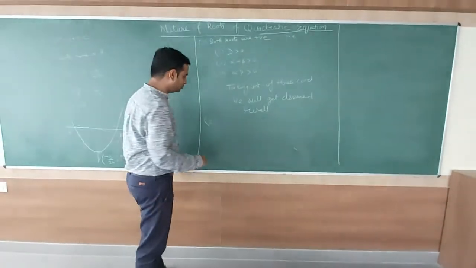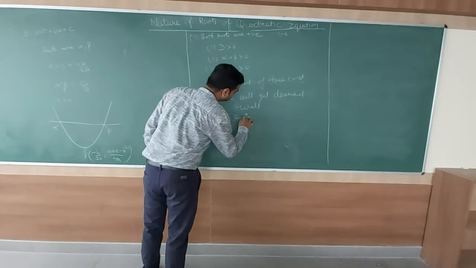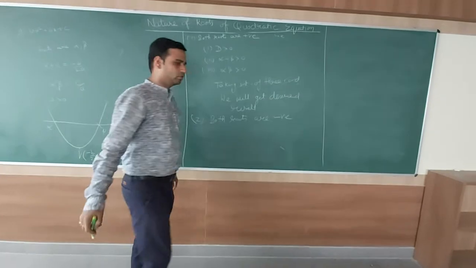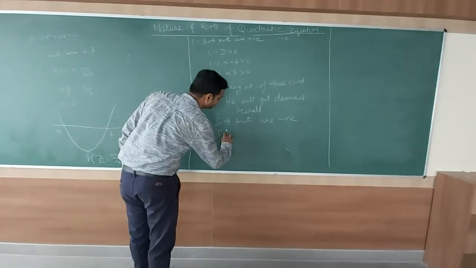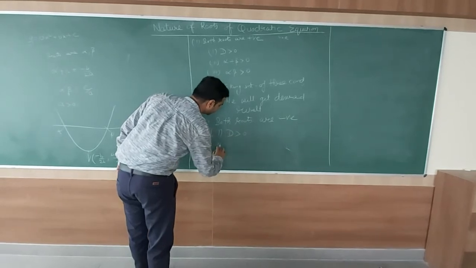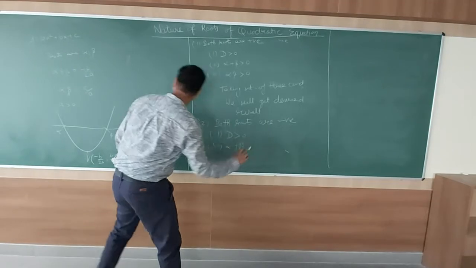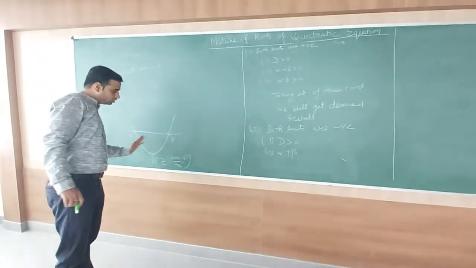Both roots are negative. When both roots are negative, first point, again D should be greater than 0. Second point, alpha plus beta, the sum of roots, as both roots alpha and beta are less than 0, so these are lying on this side of 0.